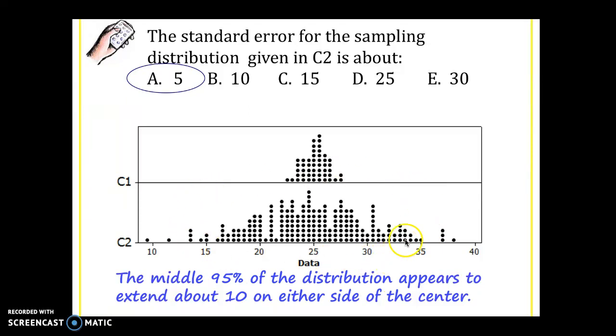So somewhere around here, we would get that 95%. And if I think about the small end, 25 would be the middle, to 15 would be 10, moving over a distance of 10, 25 to 15. But that would be 2 standard deviations. So if we divide that by 2, we get 5.